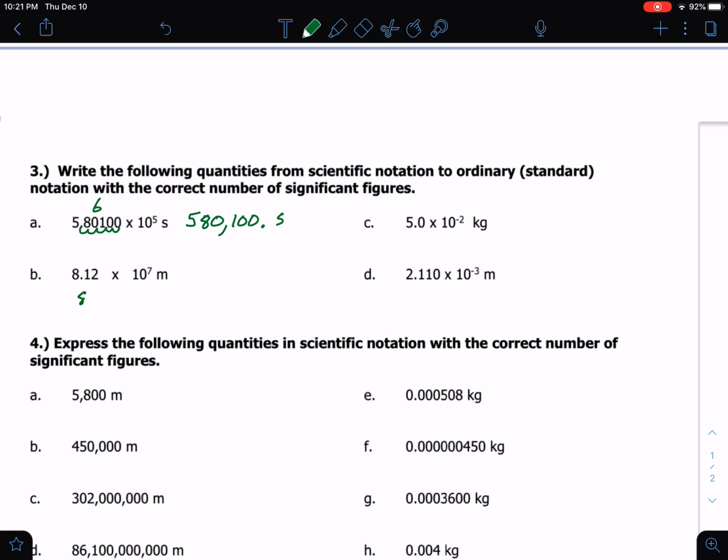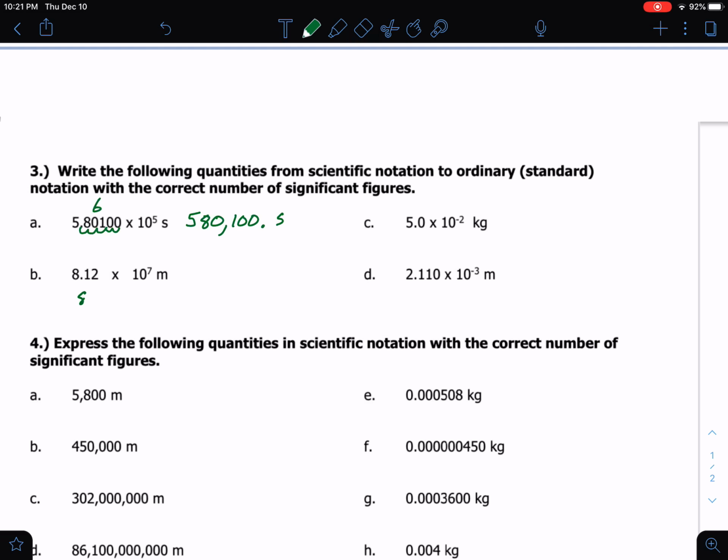So my answer is going to be 81,200,000. I had 3 significant figures to begin with, and I have 1, 2, 3 to end with because those zeros do not count. So that is going to be my answer right there.